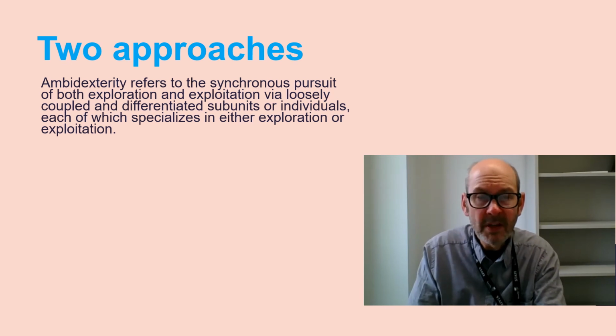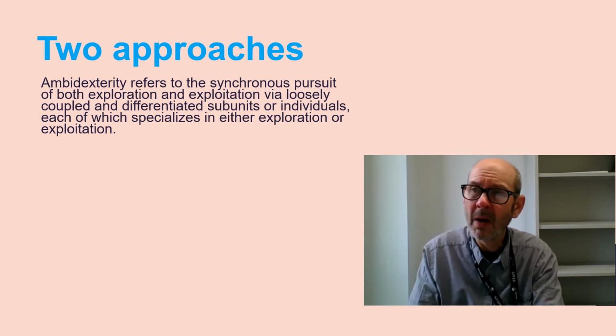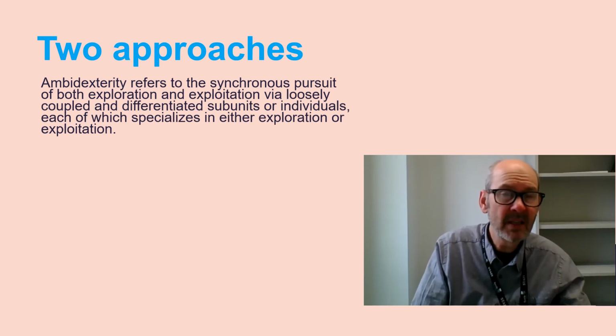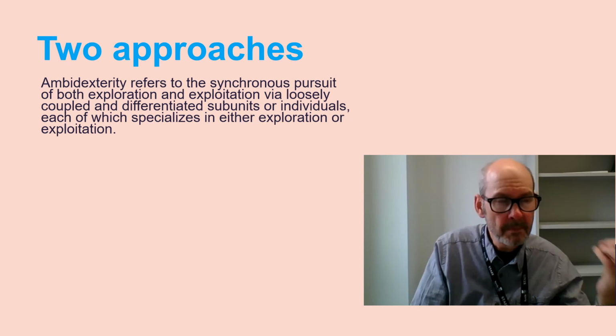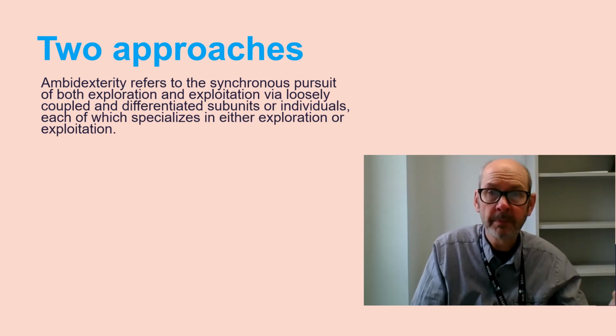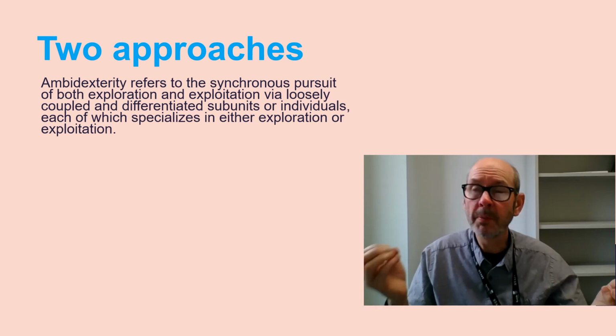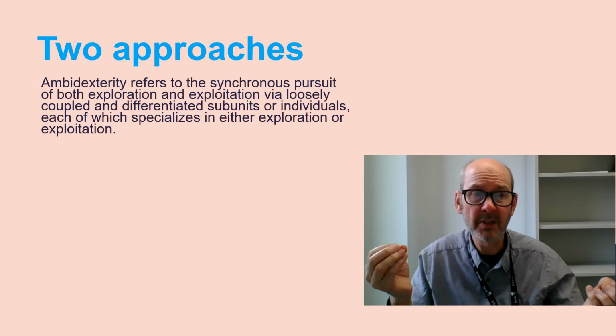In summary, what this means is that you do both at the same time: you will have one team exploiting, doing the delivery, meeting the market need now, and you'll have another team doing the R&D, the research and development, who will be thinking about what's happening in 2 years' time.